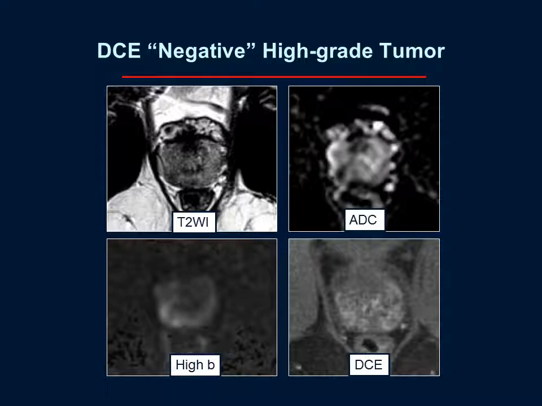In this case, this was a high-grade lesion with focal decreased T2 signal, decreased ADC, bright on the high B image. On DCE, there's just a symmetric diffuse enhancement pattern with really no convincing focal abnormality to correspond with the lesion on the other sequences.